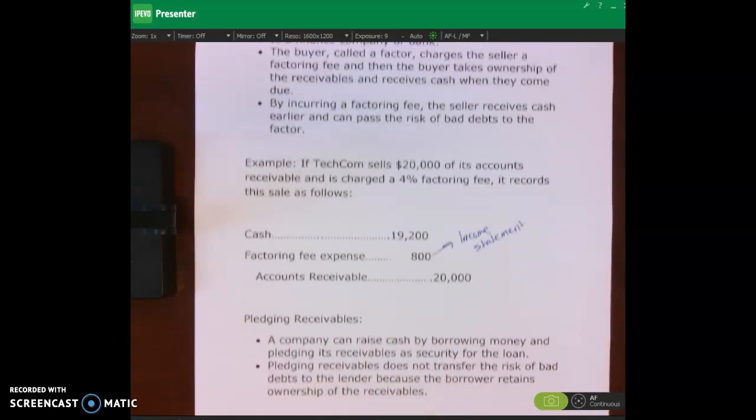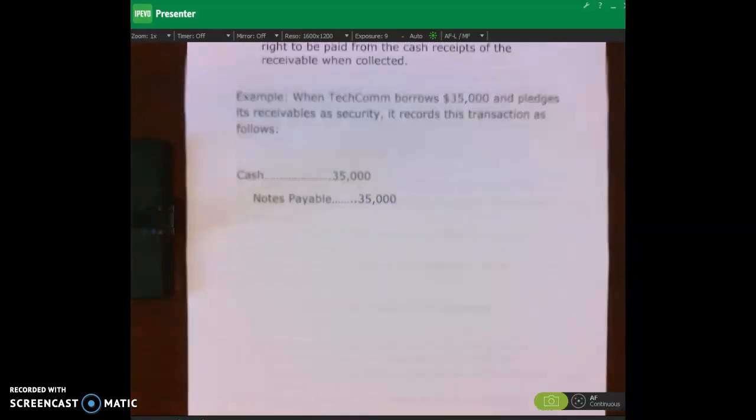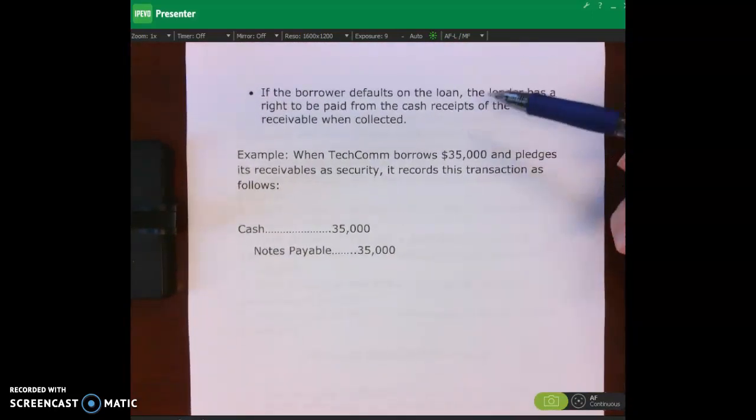Another option for a company is to pledge its receivables as collateral for a loan. Okay? They could pledge those receivables as collateral or security for a loan. So in terms of that journal entry, let me look at this last bullet before I talk about that journal entry.